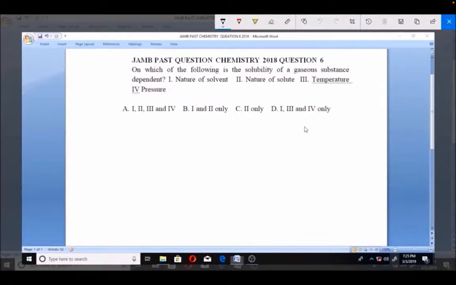What are the factors that determine the solubility of gases? So for us to do this, we will need to know the factors that control the solubility of gases.